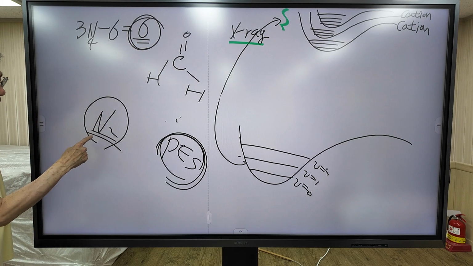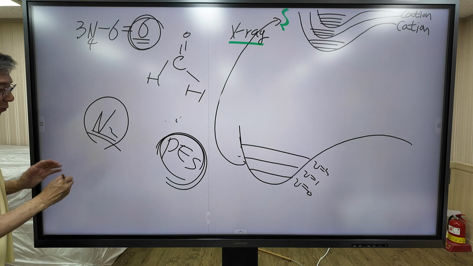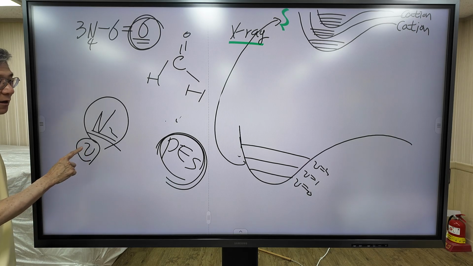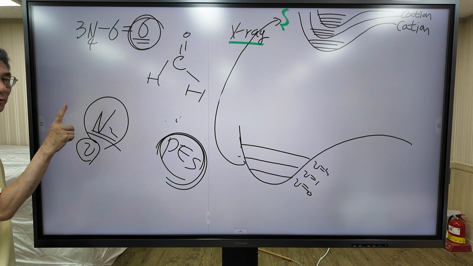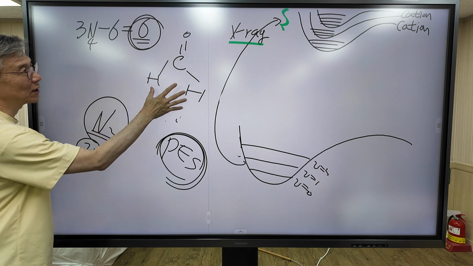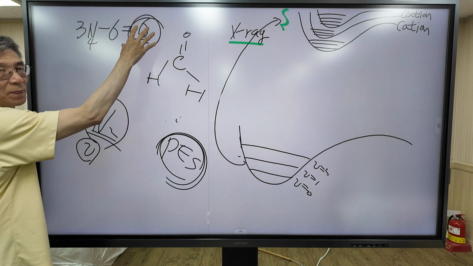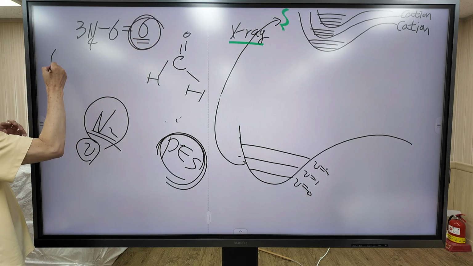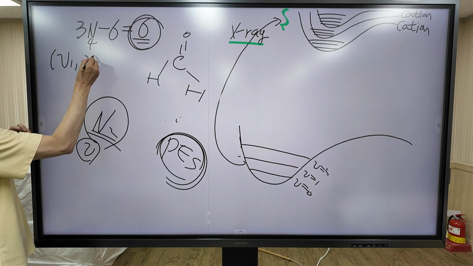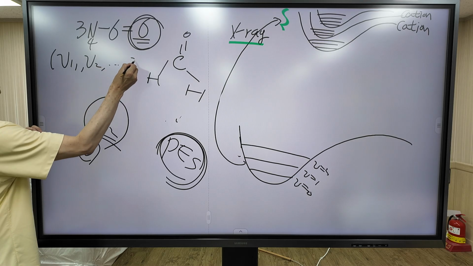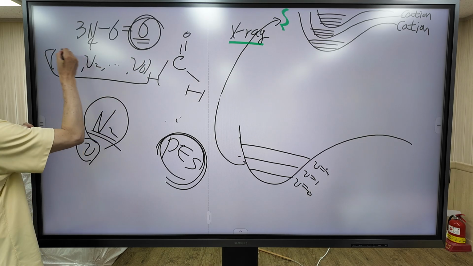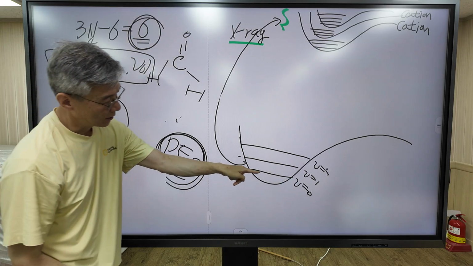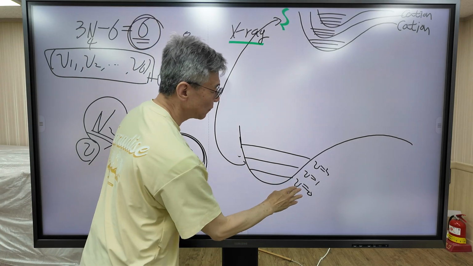To represent the vibrational state of N2, only one vibrational quantum number is needed because this molecule has only one vibrational mode. So this one is not right for our molecule.